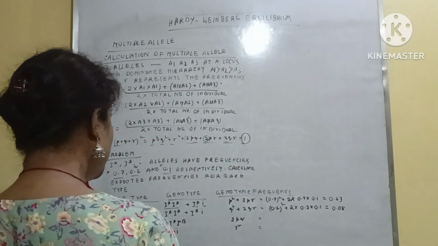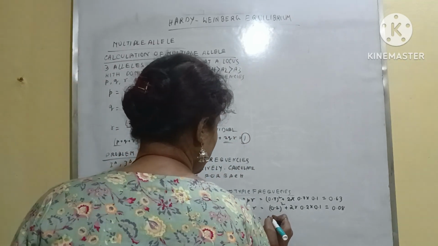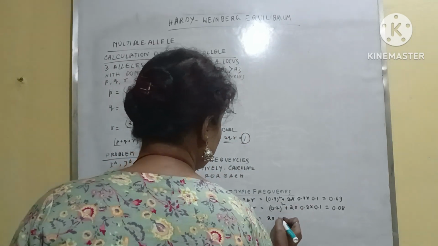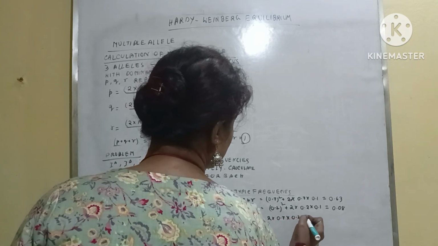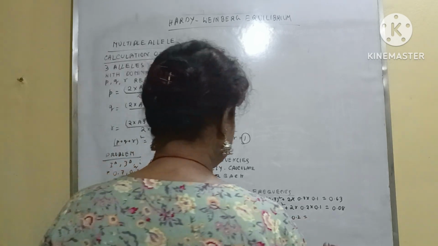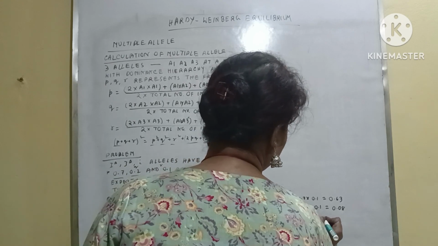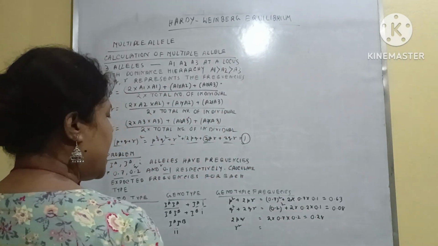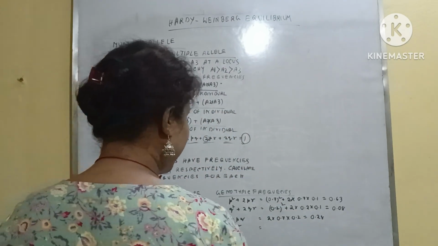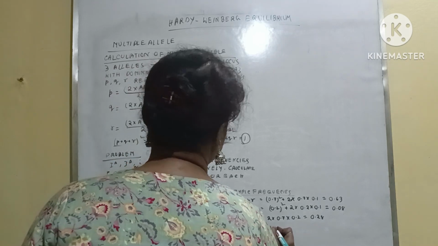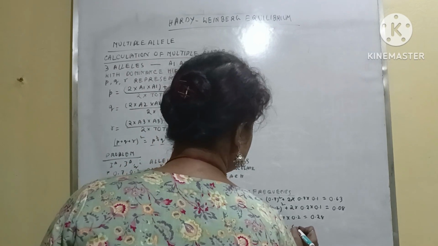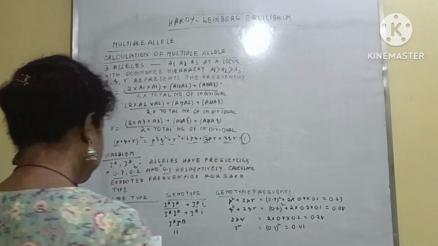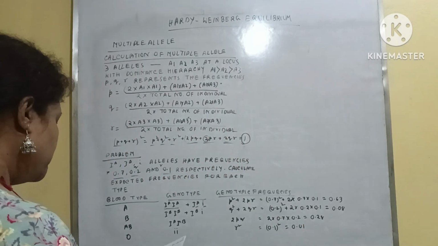In the next one, 2pq: here 2 into p value 0.7 and q value 0.2. So the answer is 0.28. Clear? And the last one, r square, that means 0.1 square. So the value comes 0.01. Clear?